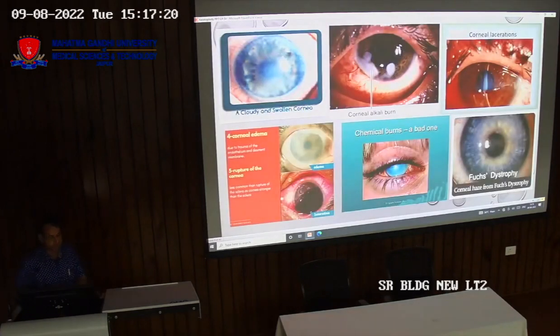These are the different diseases: cloudy or swollen cornea after chemical burn, corneal lacerations post-trauma, chemical burns, especially alkali burn, Fuchs endothelial dystrophies, corneal edema post-operatively.